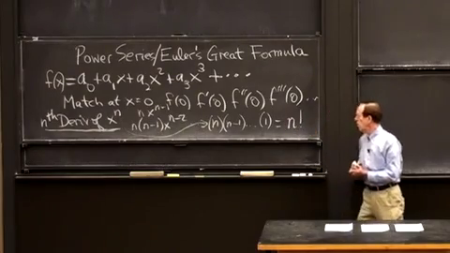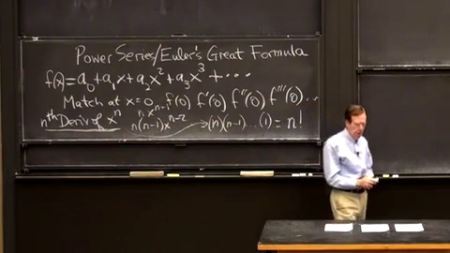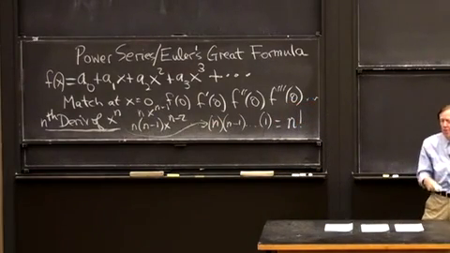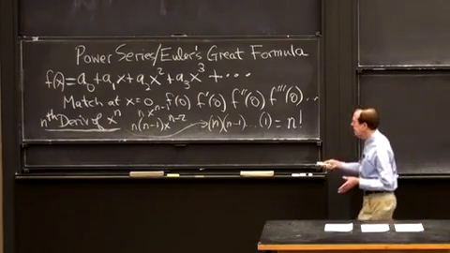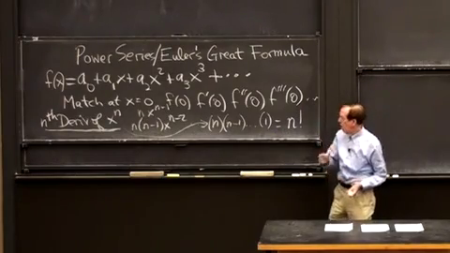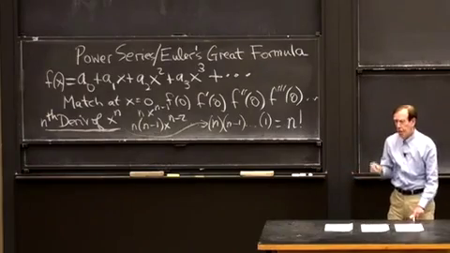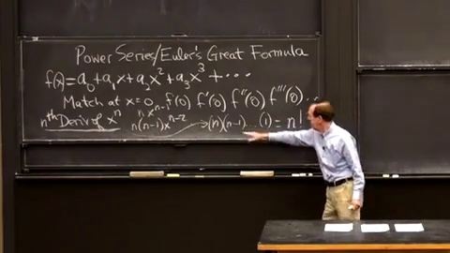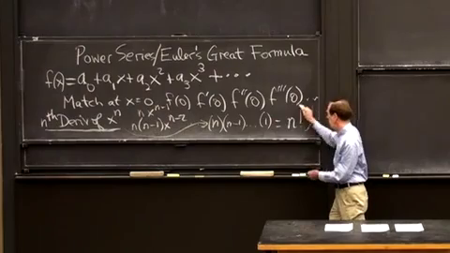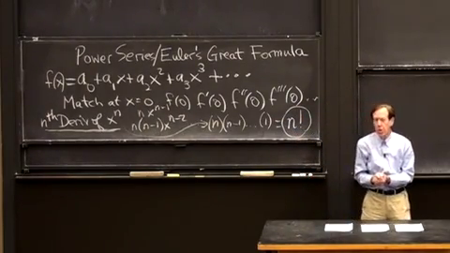So that's n factorial, and that's the nth derivative of x to the n. So for the particular function e to the x, all the derivatives I'm trying to get are all 1s, but the powers of x give me these n factorials, so the a's had better divide by n factorial.